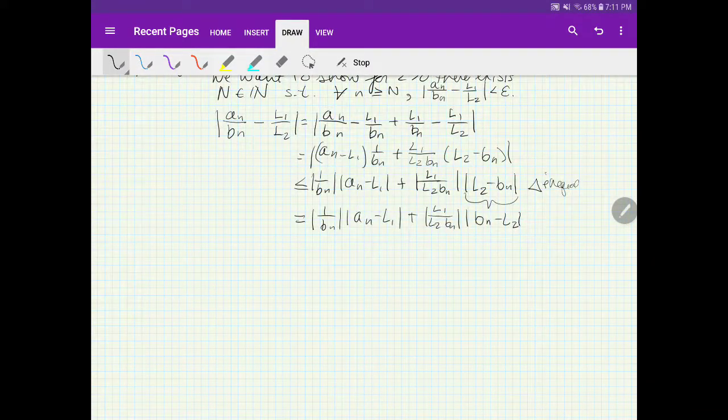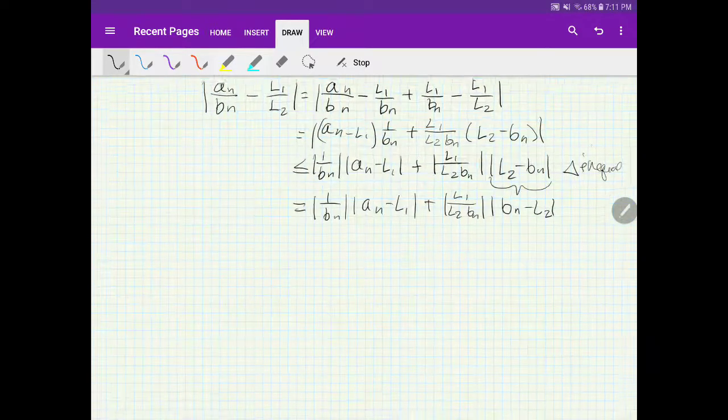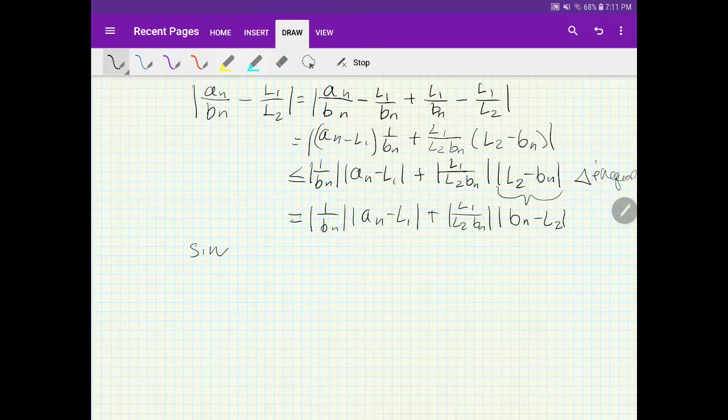So let's talk a little bit about b sub n. Since b sub n converges to L2, at some point the absolute value of b sub n is greater than or equal to the absolute value of L2 over 2.